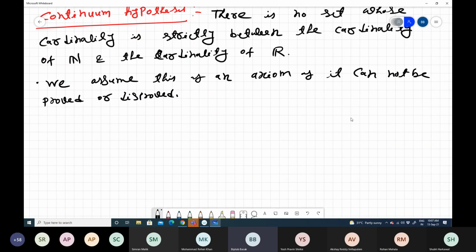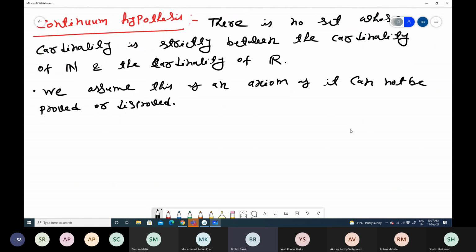It cannot be proved in the sense that you do not have sufficient mathematical tools to prove it.